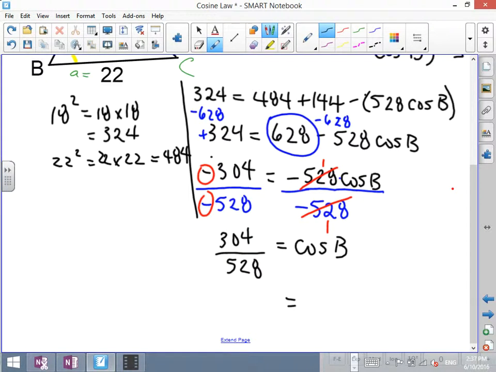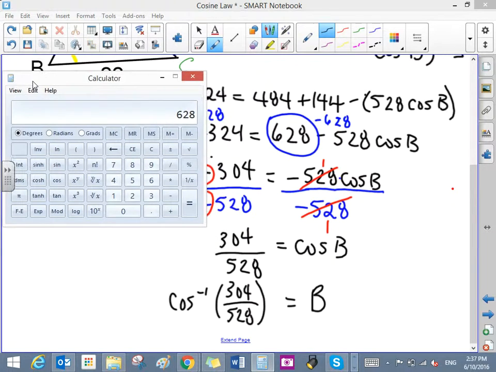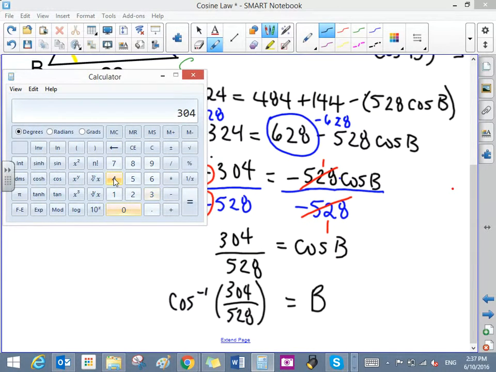So we're almost there. To get the cosine of b into a form where we have solved for the angle, or that is just angle b, we're going to take the inverse cosine of that. So that's 304 over 528 as a fraction, and we will take the inverse of that. So with your calculator, we'll divide 304 by 528, and it equals a repeating decimal.